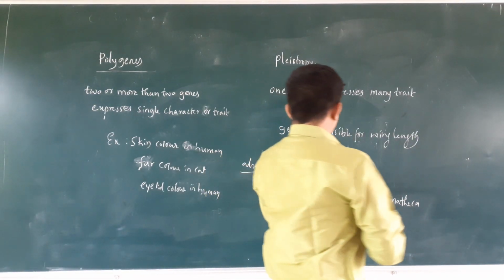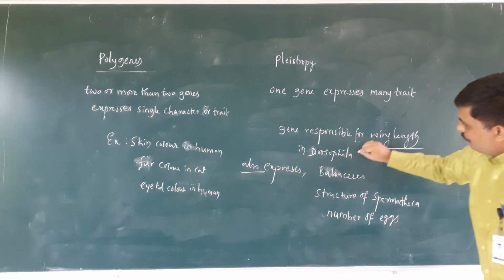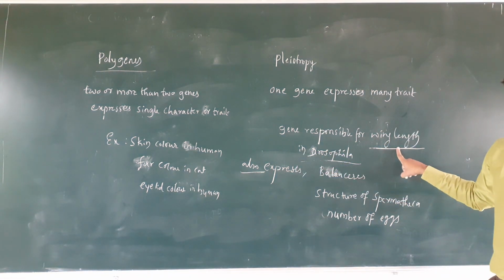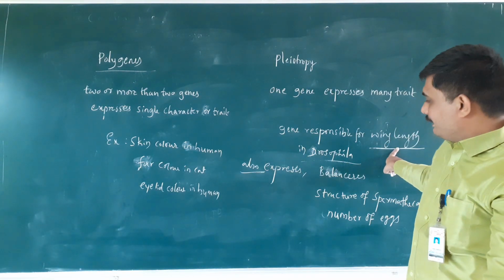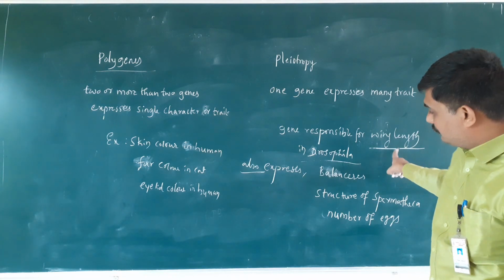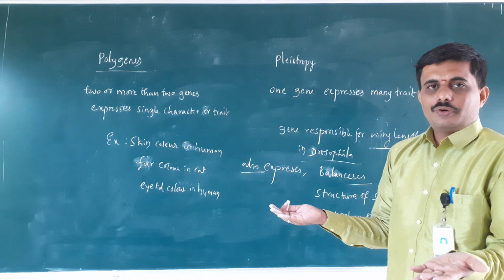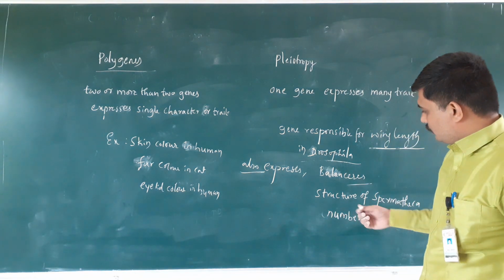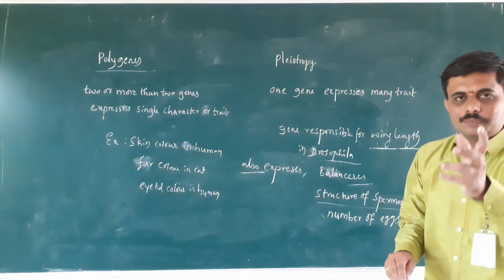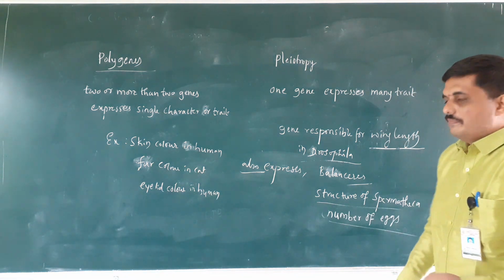See, the gene which is responsible for wing length in Drosophila also expresses the balancing of the body because of the small wings, the structure of the spermatheca, and the number of eggs.